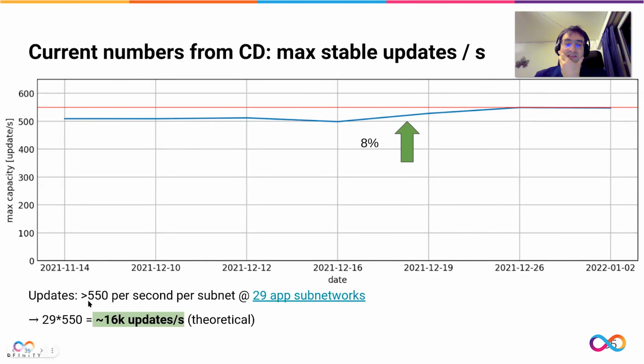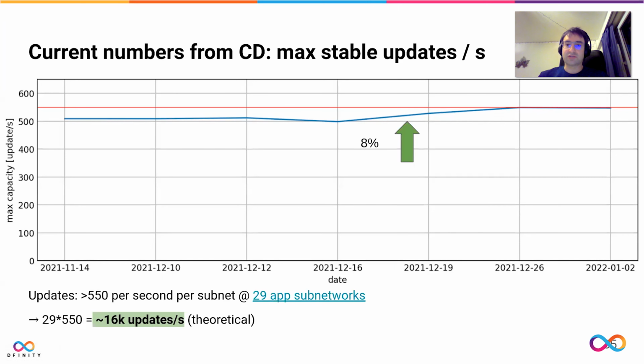What that really means is that with the current setup, we have 29 application subnets, or at least when I started doing this presentation. So in theory, that should allow us to go at least up to 16,000 updates per second on the entire Internet Computer, which I think is pretty cool. We're very happy with that.